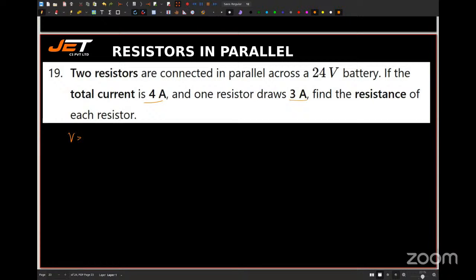So what is the voltage given? 24 volts. So wherever there is a battery written, that means voltage is given. The current is equal to 4 amperes. And R1's current is given as how much? 3 amperes. Find the resistance of each resistor.